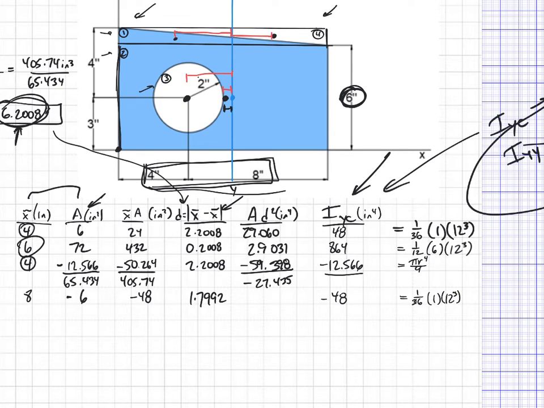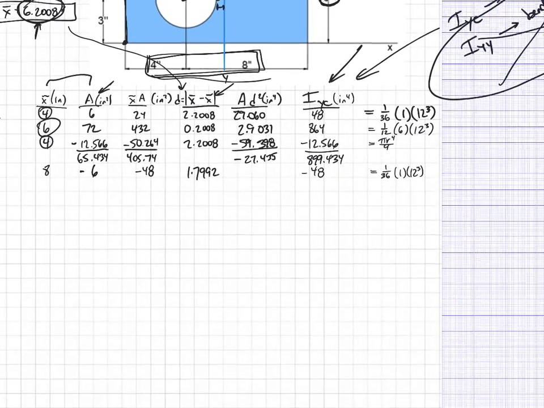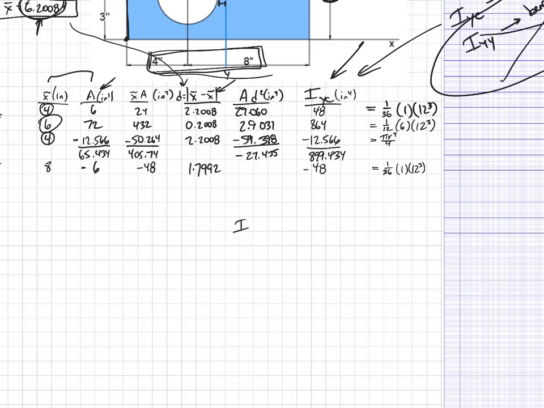Okay, and if we add all those up, we get 899.434. So Iyy equals the summation for all the shapes of Iyc plus Ad squared, and that's the sum of this and that.